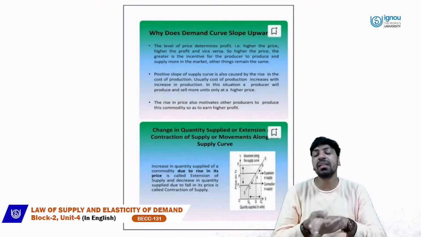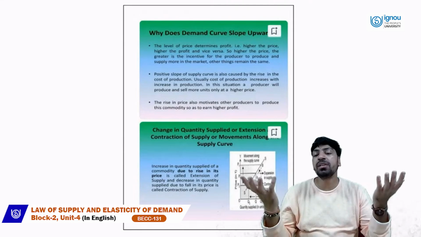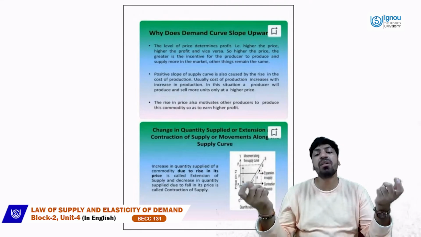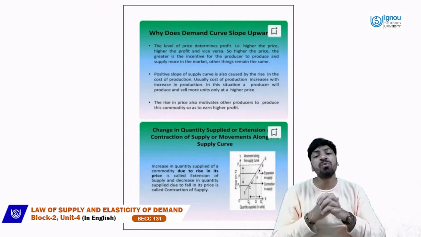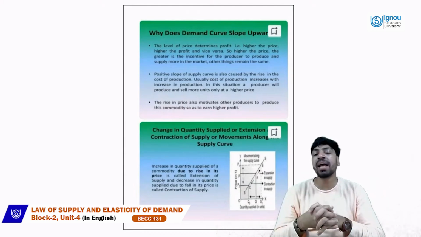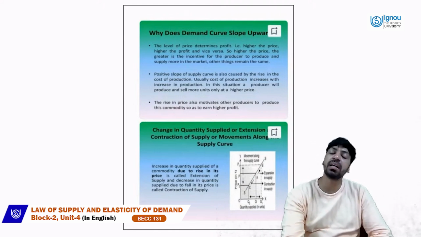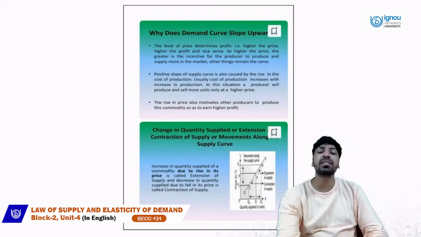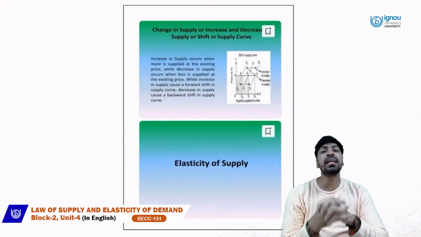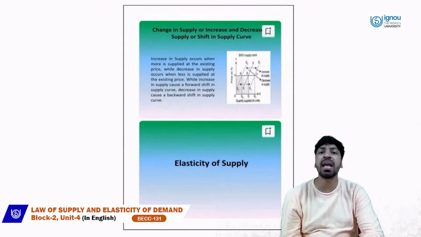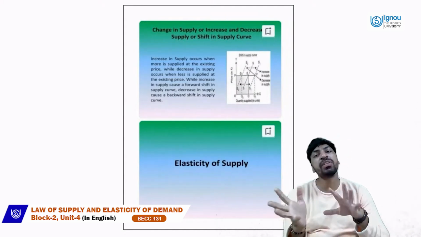You can see in the diagram as well, an increment along the upward slope of the curve is the extension in supply, and a downward movement is the contraction in supply. So that is the conceptual framework of the contraction or extension of supply. The next concept is a change in supply, an increase or decrease in supply, or a shift in the supply curve.